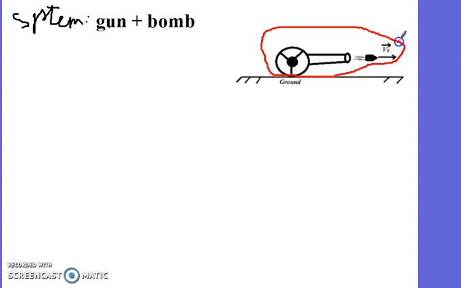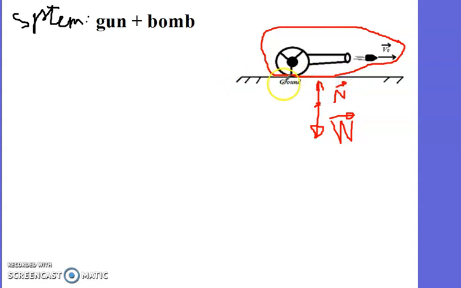Now, what are the external forces? We have the weight of the system acting at the center of gravity or center of mass, the whole weight of the system, and the normal reaction of the ground, of the support, right? Only two forces.